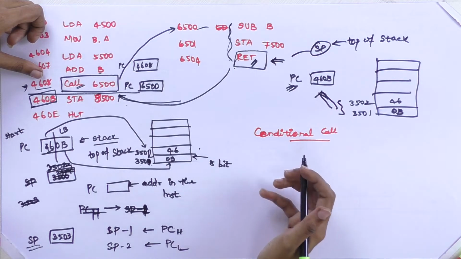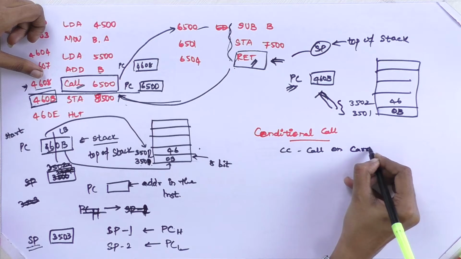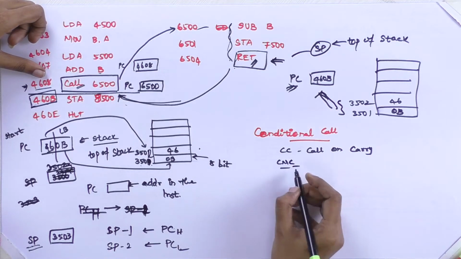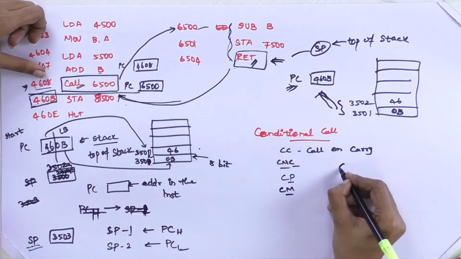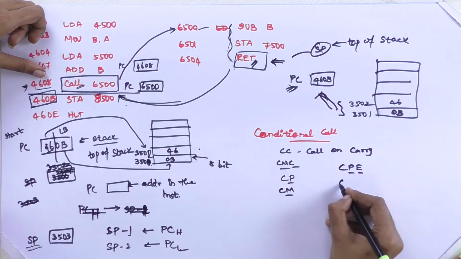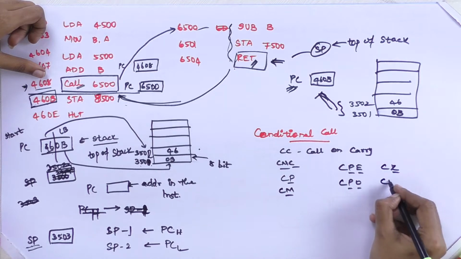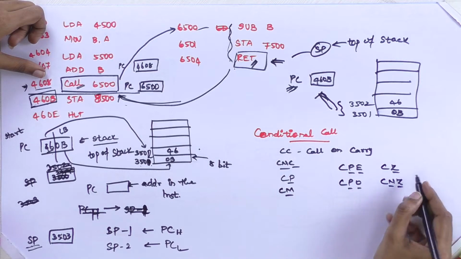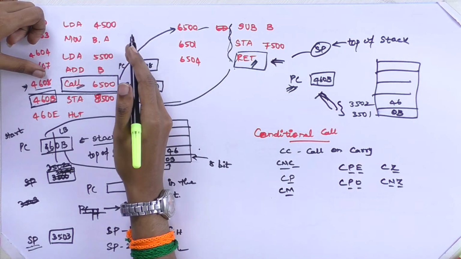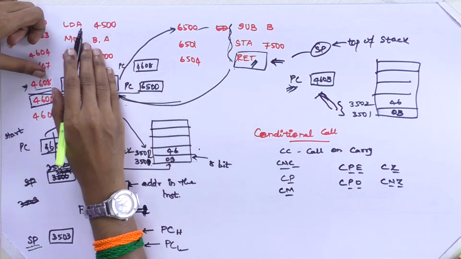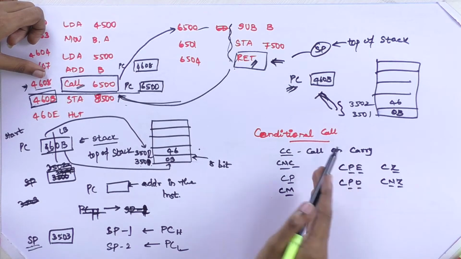Such conditional call instructions are CC, call on carry; CNC, call on no carry; CP, call on positive; CM, call on minus; CPE, call on even parity; CPO, call on odd parity; CZ, call on zero; and CNZ, call on non-zero. These work similar to the unconditional call, but here it will check the condition. If it satisfies the condition, it will jump, otherwise it won't.